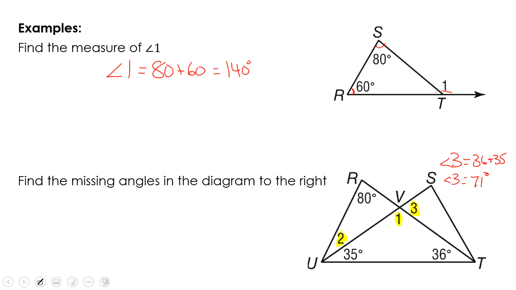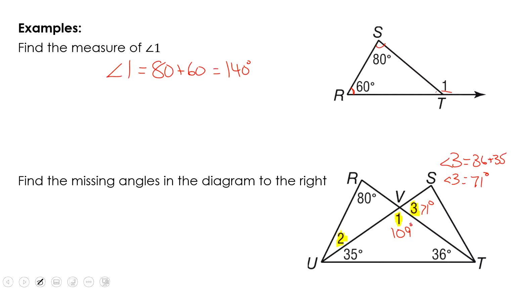Does that make sense? Write that in. That's 71 degrees. That automatically tells me that angle 1 then has to be 109 degrees because it's supplementary to angle 3, or it's the third angle of the triangle that already has two angles that measure 71 degrees. So angle 1 here now is 109.